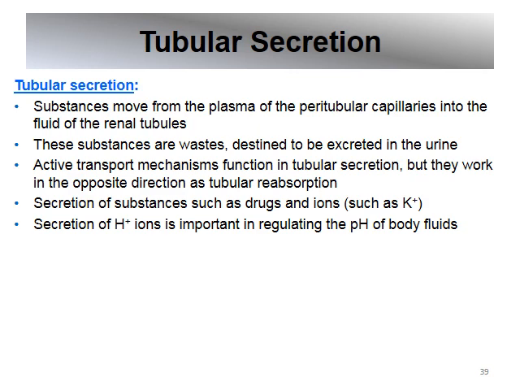This is the case with things like potassium, different drugs, and certain ions. We also are able to secrete hydrogen ions, which is incredibly important when it comes to maintaining a pH in our blood, which we'll discuss more in chapter 21.